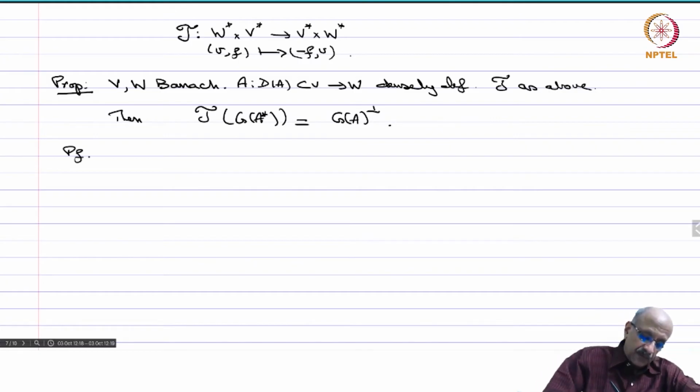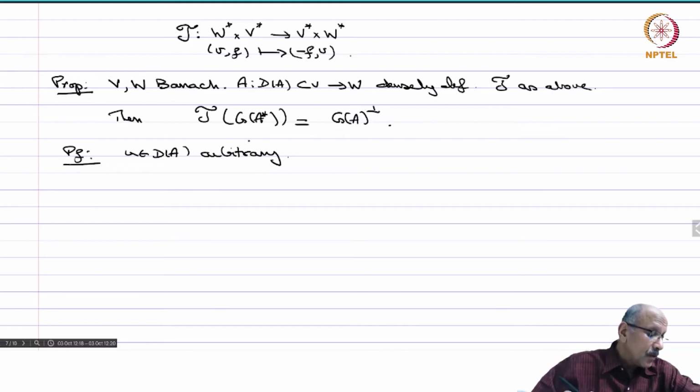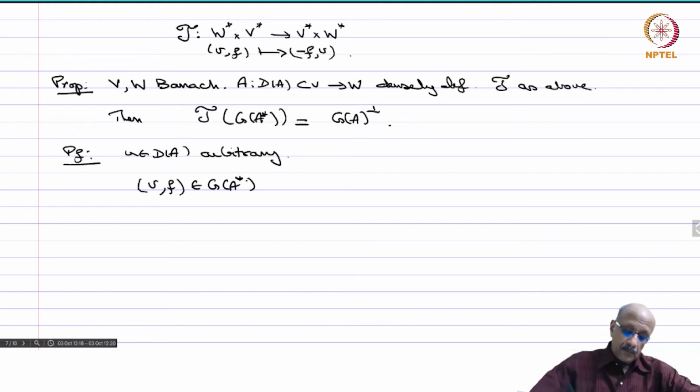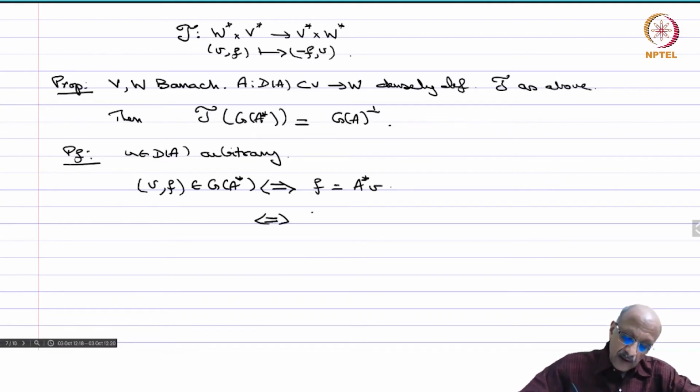Okay, so proof, two lines. Let u in D(A) be arbitrary. So (v, f) in G(A star) means what? f equals A star v, and that implies f(u) equals v(Au). This is for every u in D(A).